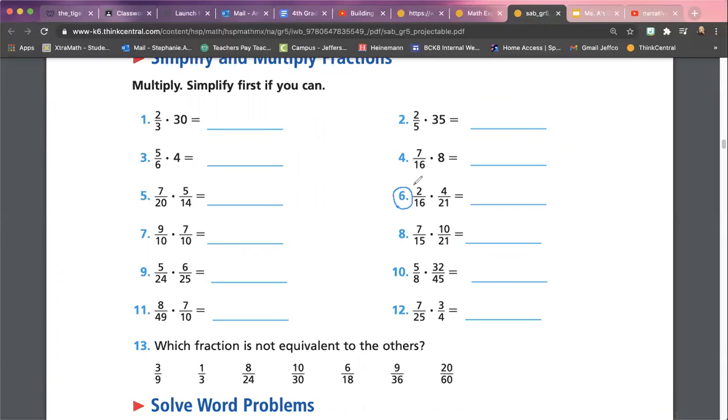So you're going to do the same thing here. You'll do 2 times 4 across the top, but then on the bottom, 16 times 21. You could set up your area model, or you could set up a standard algorithm. If you're done with 6, please go ahead and do 2. But if you're still working, then just stick with 6, okay?